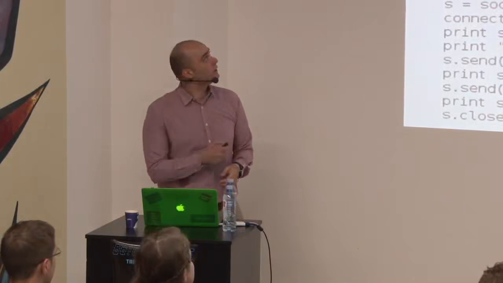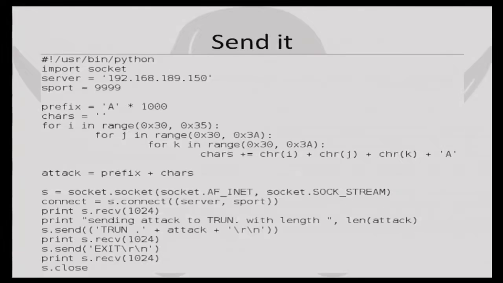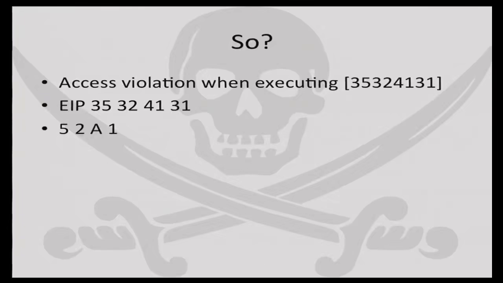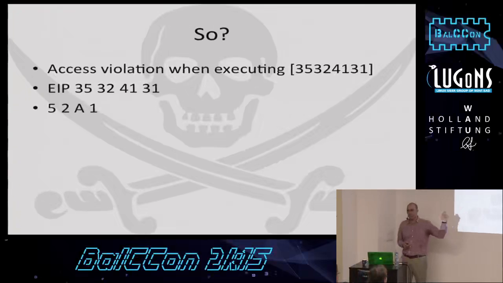It's basically the same as the fuzzer, but instead of sending as many A's as I want, it first sends 1000 A's and then these unique characters. Yes, it crashes, and we see that it crashed trying to execute this.